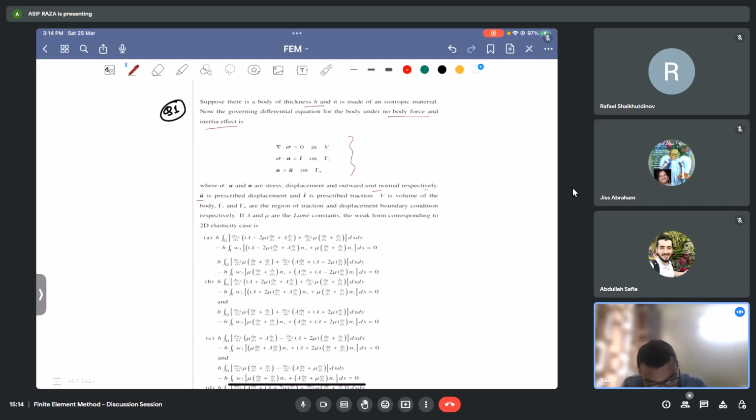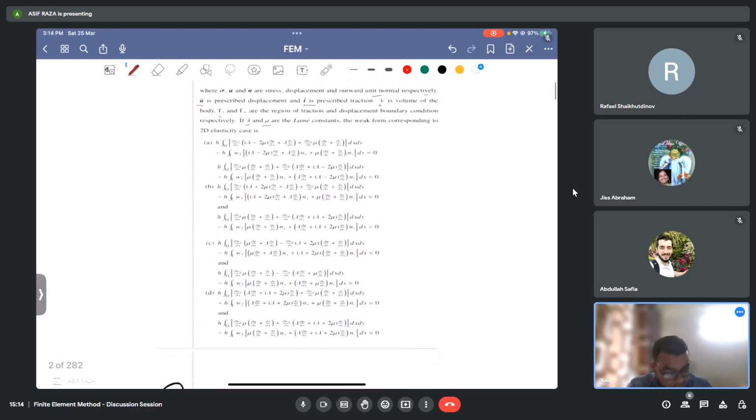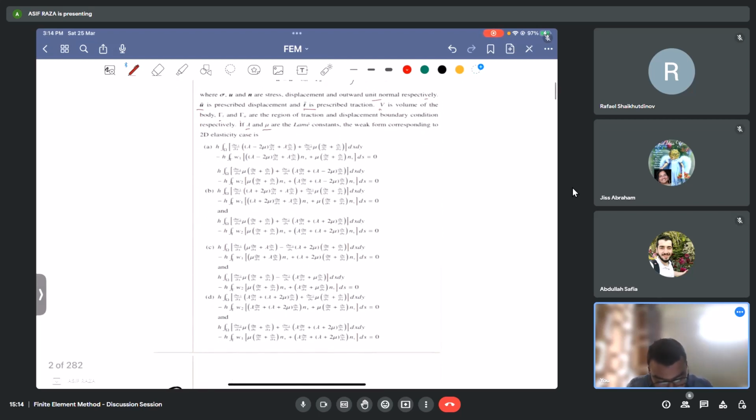U bar is prescribed displacement and T bar is prescribed traction. V is the volume of the body, gamma T and gamma U are the regions of traction and displacement boundary conditions respectively. If lambda and mu are Lamé constants, the weak form corresponding to the 2D elasticity case is one of these four options. I don't know if you can directly answer it.